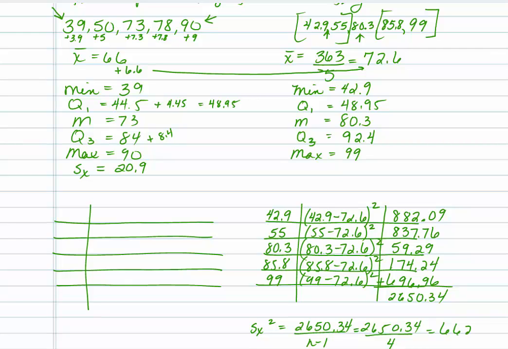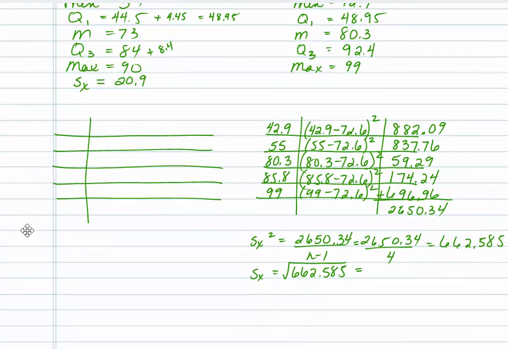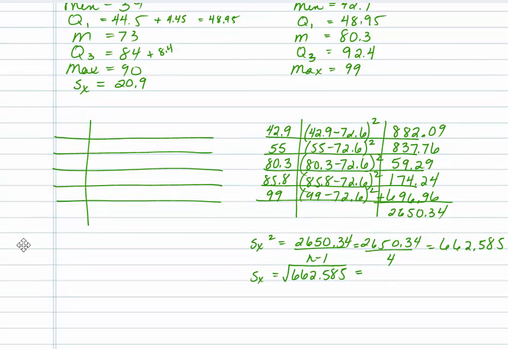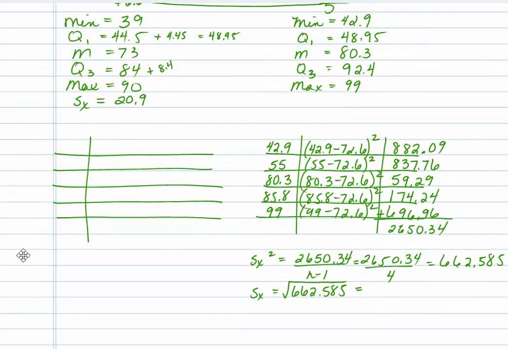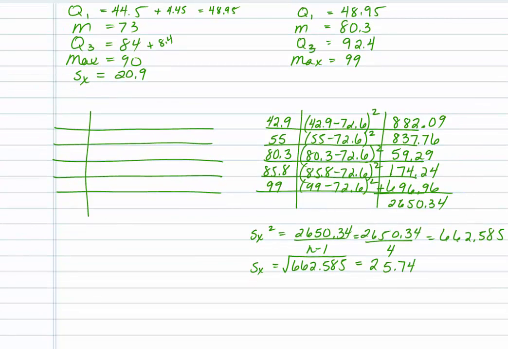This is the variance. And then square root this, and that will give us the standard deviation. Okay.